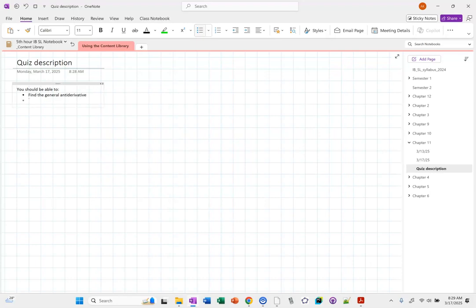You should be able to find general antiderivatives. When I say general antiderivatives, what do you need to remember to include? Plus C, very good.